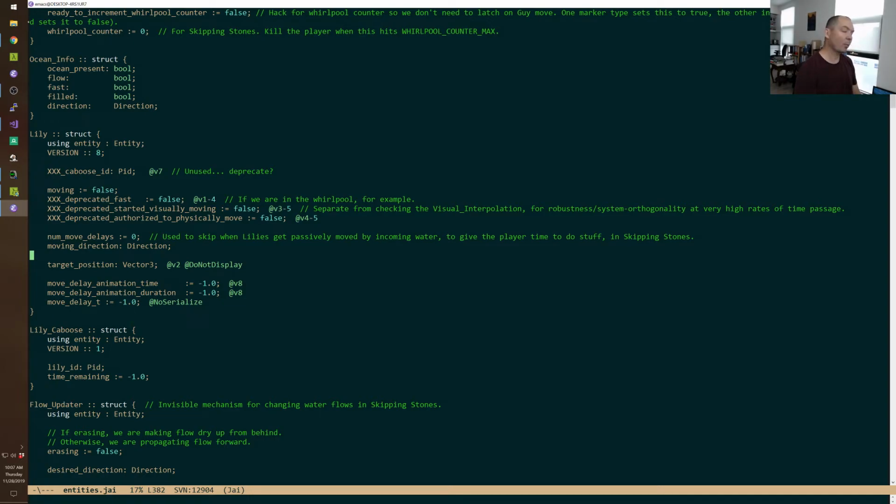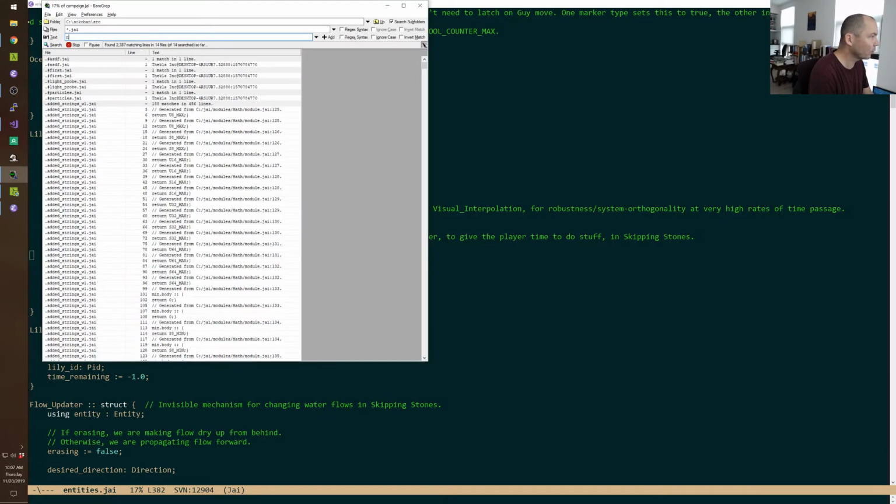Maybe we'll just see if I remember later. Anyway, so we got those flags going. There was some other kind of stuff I wanted to do before the undo.